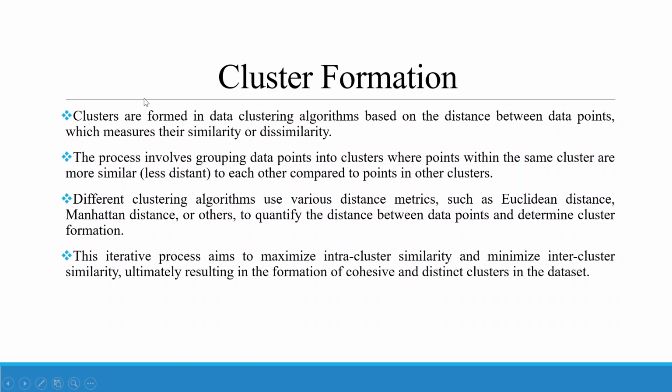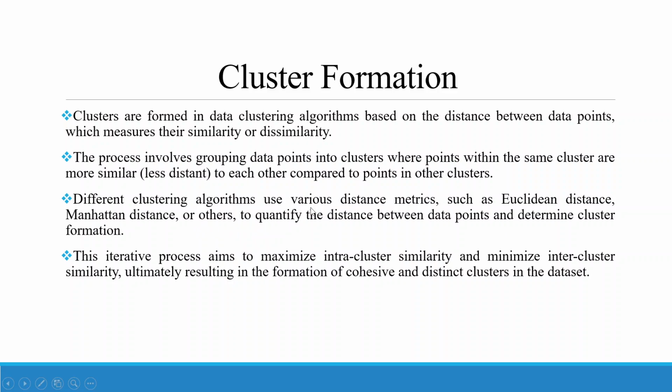Cluster formation. Clusters are formed in a data clustering algorithm based on the distance between the data points, which measures their similarity or dissimilarity. The process involves grouping the data points into clusters where points within the same cluster are more similar, with less distance to each other, compared to the points in other clusters.